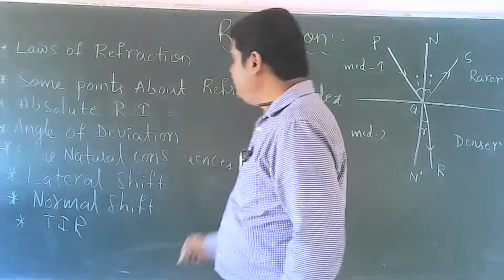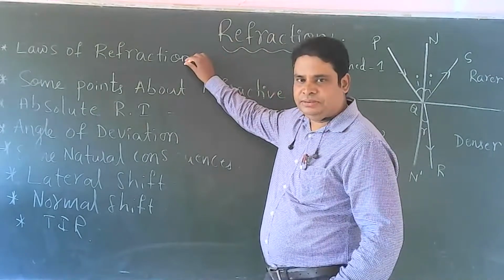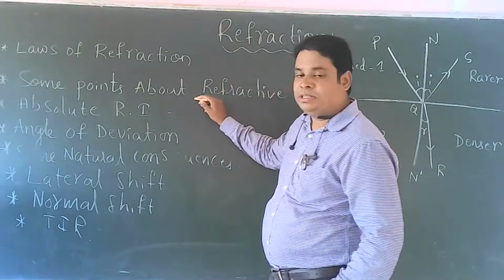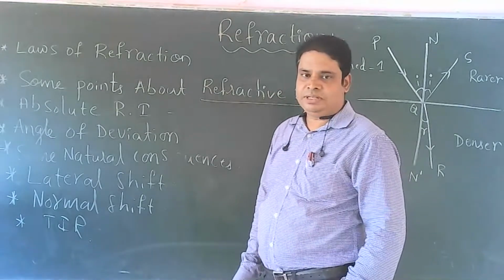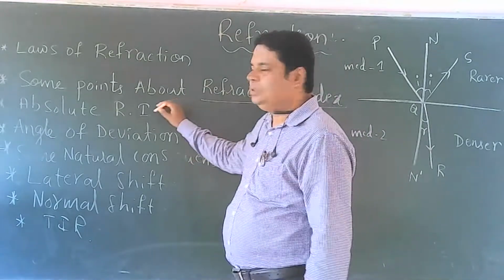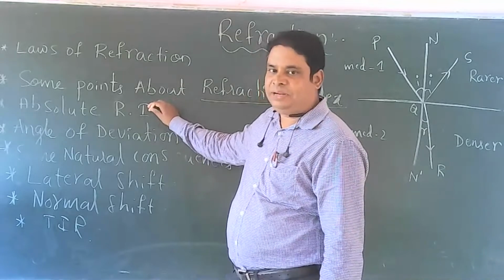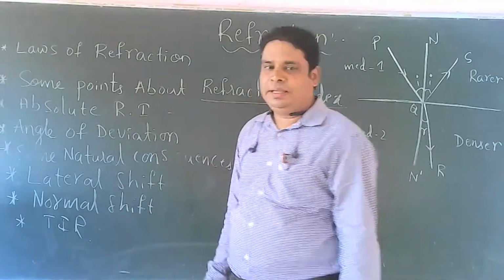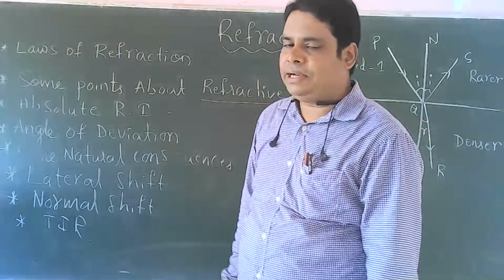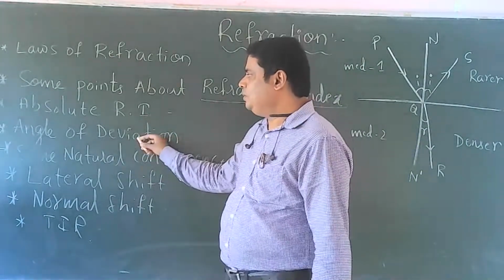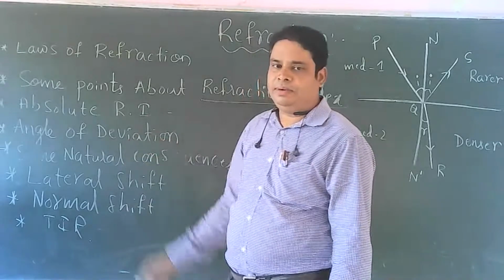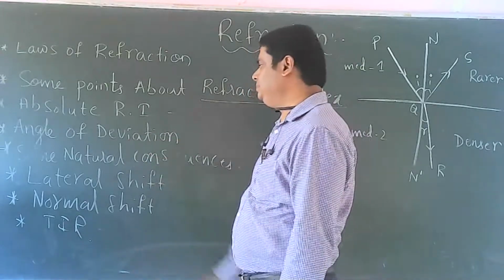In today's class, let us try to understand laws of refraction, some points about refractive index, a new constant, and what is the meaning of absolute refractive index. RI stands for refractive index. And what do you mean by angle of deviation?